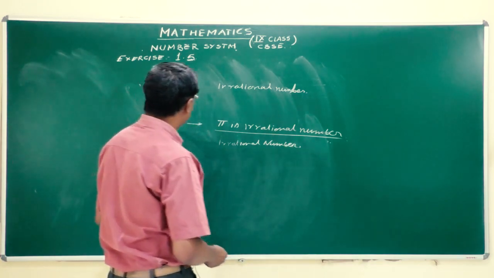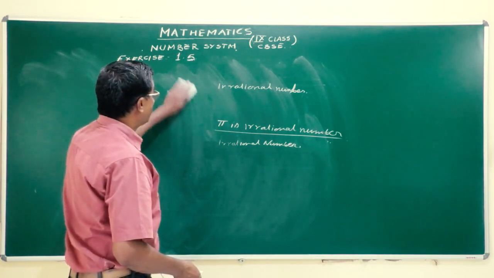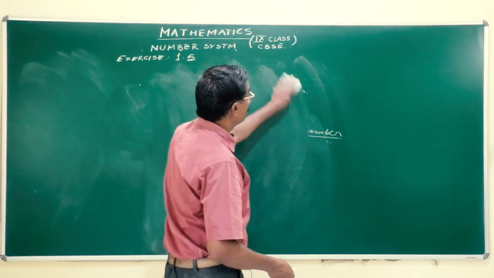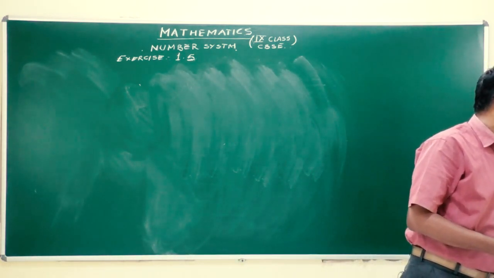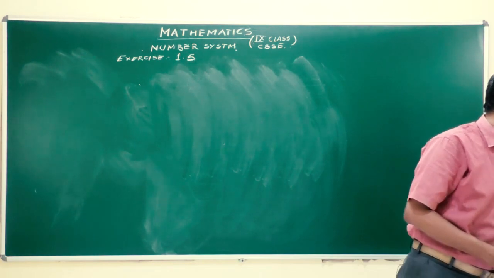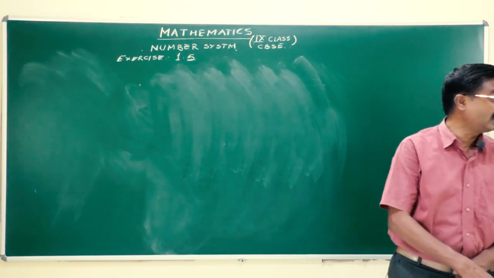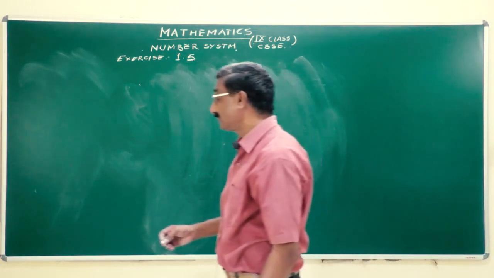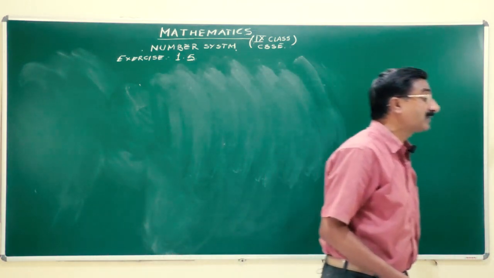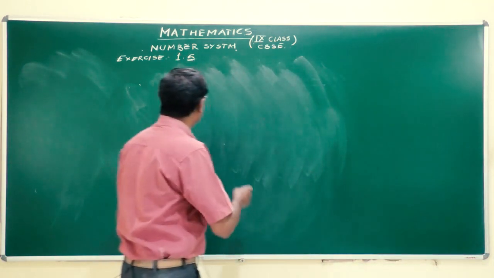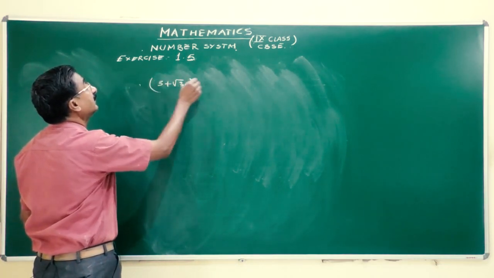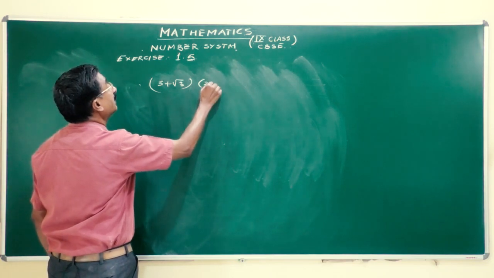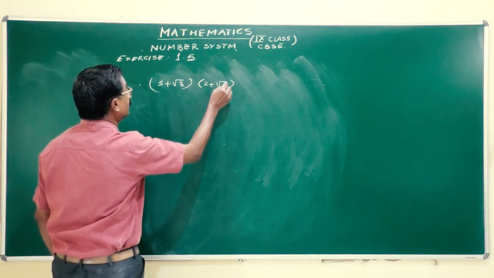Okay. So this is the first question, and you have to read very carefully which one is irrational and rational. Now simplify each of the following. That is first one, 3 plus root 3 into 2 plus root 2.